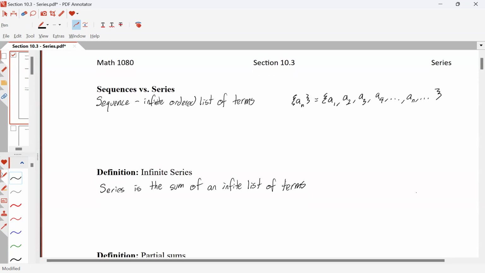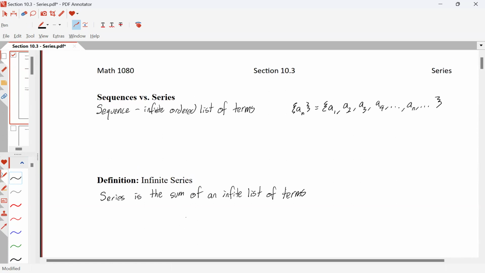To write out a series, we use summation notation, and we have a lower bound, typically 0 or 1, can be anything. And the upper bound is going to be infinity, because it's an infinite sum. And then we would put our sequence that we're adding up after the summation notation.